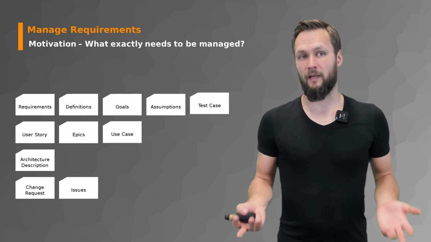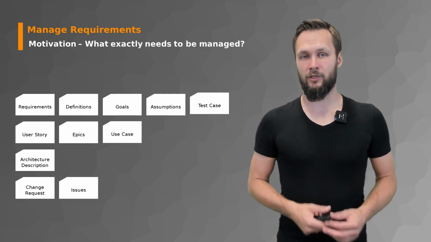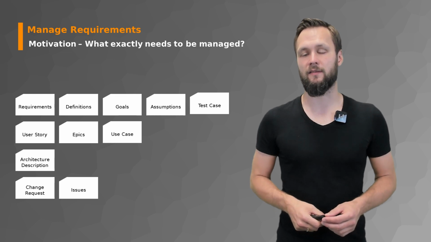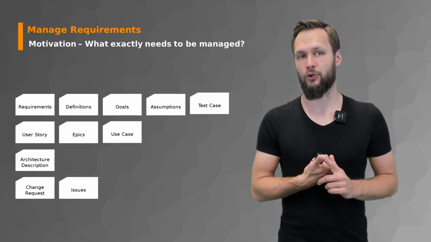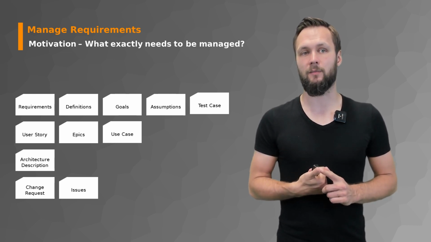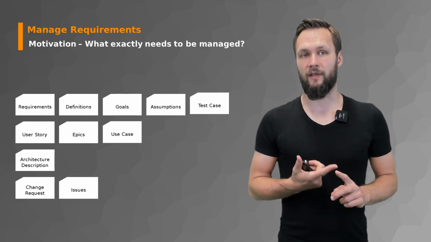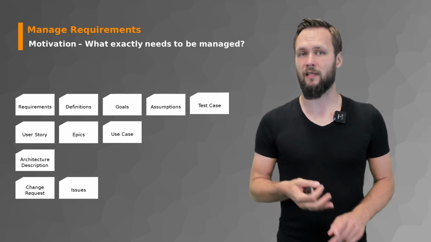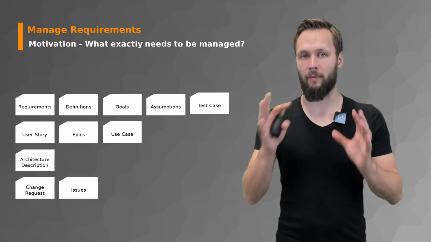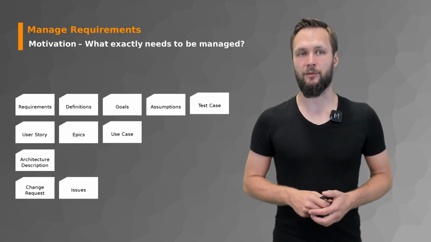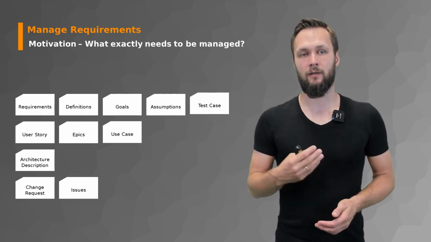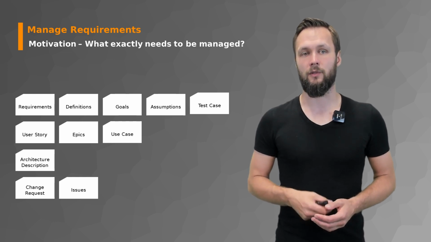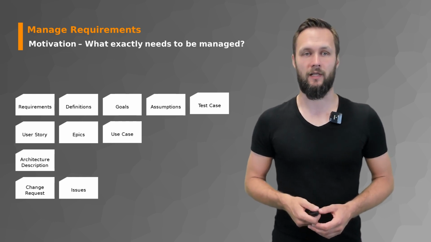Next question could be, what exactly needs to be managed? I briefly touched on this in the last slide. The requirements for sure are part of those things that need to be managed, but then there are also things like the definitions, the goals, the assumptions, and the test cases that are somehow part of the requirements engineering use case and the product or the project that you need to build, create for your customer.